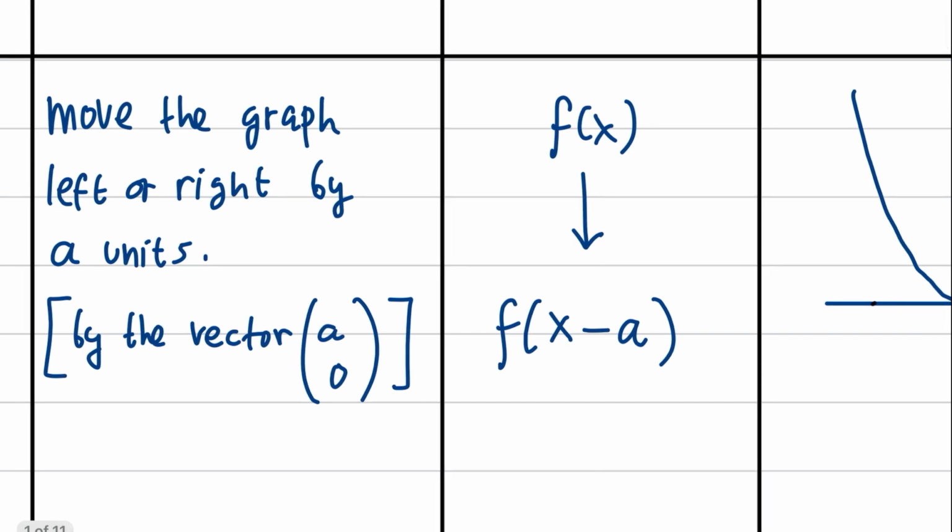The algebra changes from the original function. If you move the graph to the left or to the right, you don't modify the f(x) with plus something or minus something like we did in the vertical, but we modify the x. So we replace the x with x minus a.